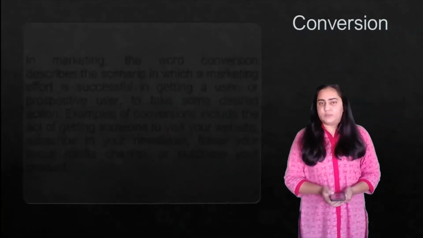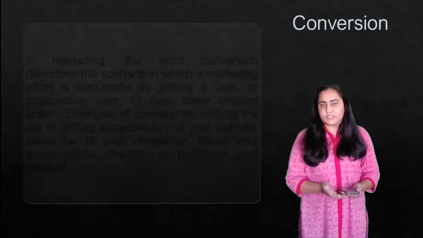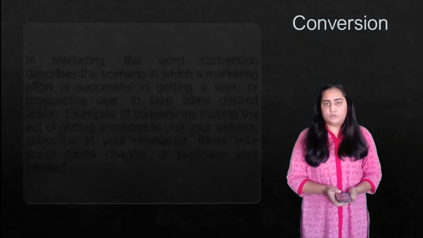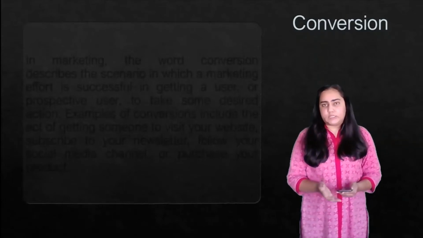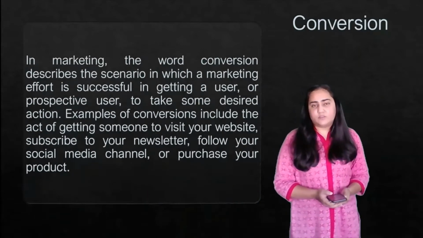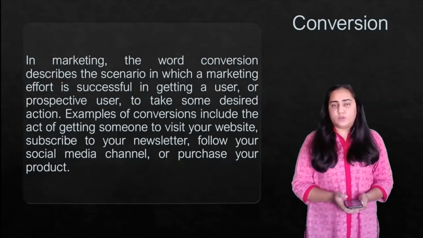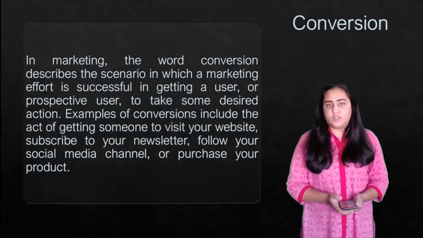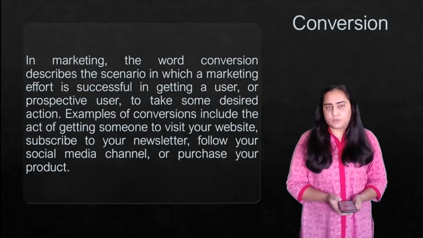Before I begin to explain what growth hacking is exactly and how you can achieve growth hacking in an e-commerce business through data analysis or data science, I'm going to talk to you about conversion. So what is conversion? In marketing, the word conversion describes the scenario in which a marketing effort is successful in getting a user or prospective user to take some desired action.